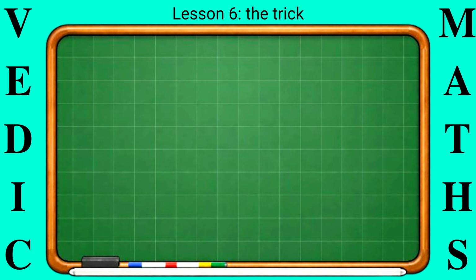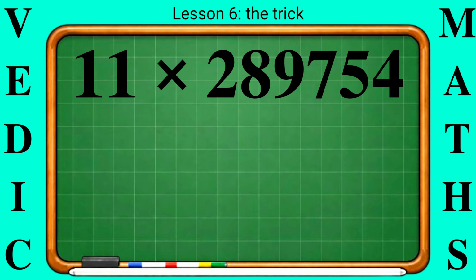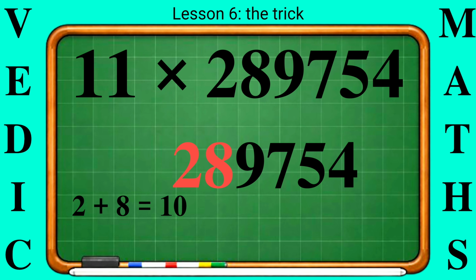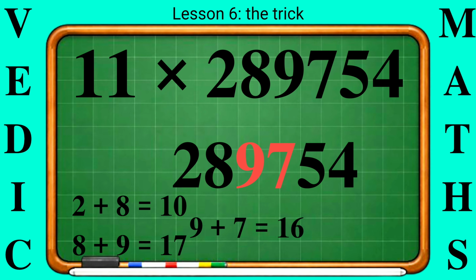Now you can do those problems later on. Let's try another Vedic math problem. Now we'll multiply 11 times 289,754. That's a big number, but don't think it's going to be difficult. First we keep adding the digits, the first digit with the second digit, the second with the third, and all that.